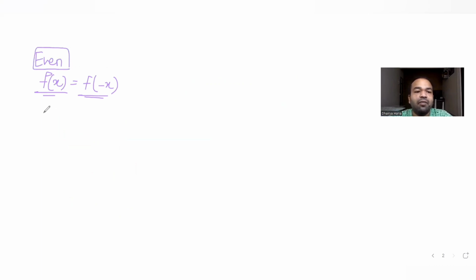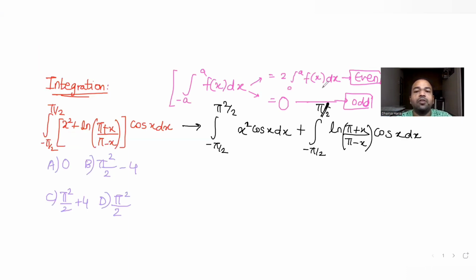And if you put minus x and you get minus f of x, so f of minus x is nothing but negative of f of x, in that case it becomes an odd function. Whenever this is the case, your answer directly becomes 0, and whenever it is an even function, it becomes 2 times the integral from 0 to a of f of x dx.